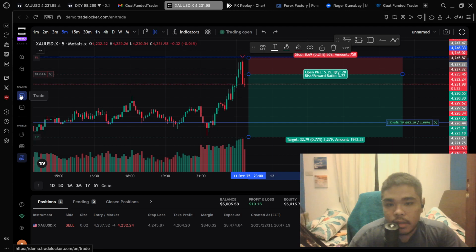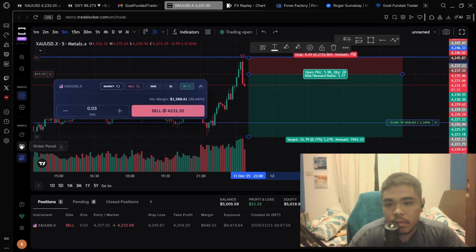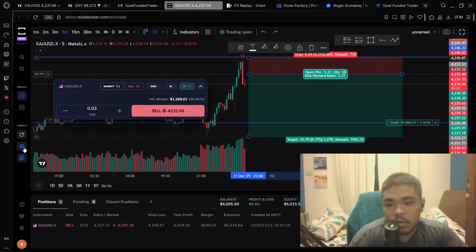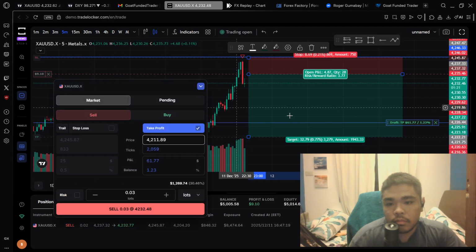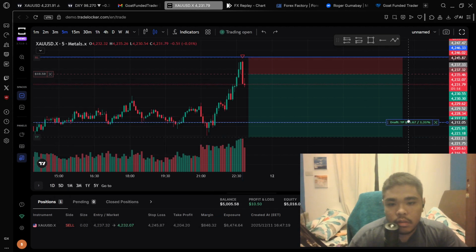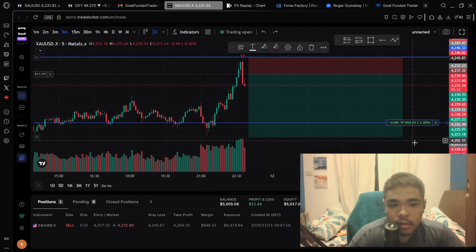Where's the order panel? It's not showing up correctly.